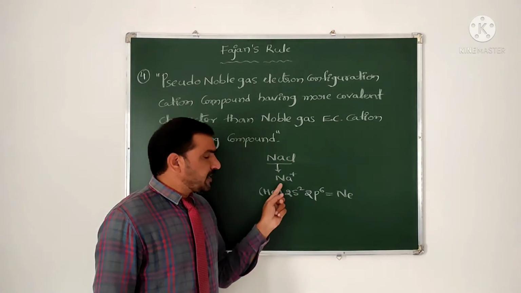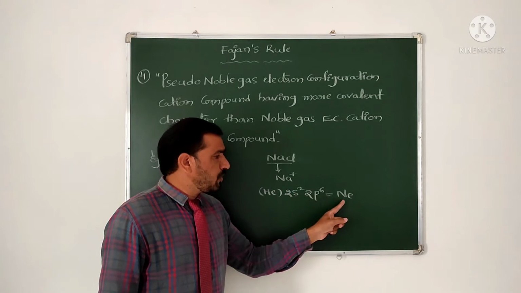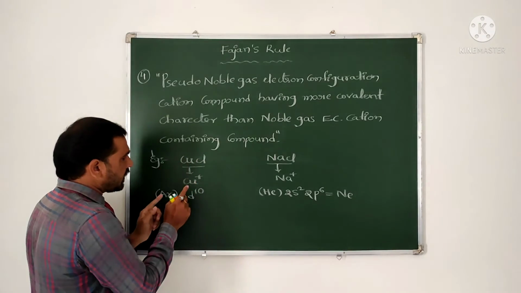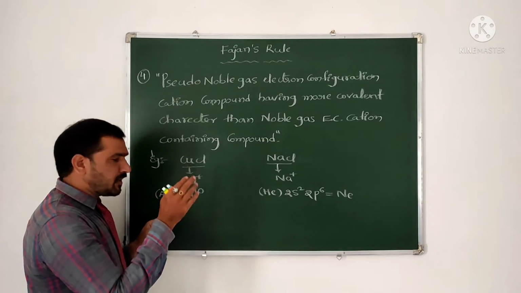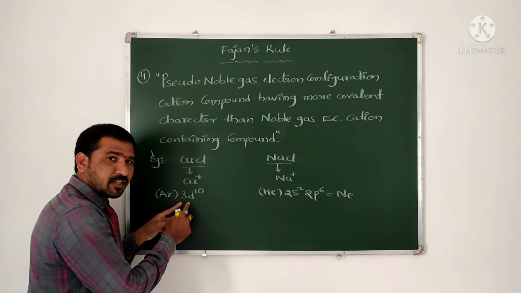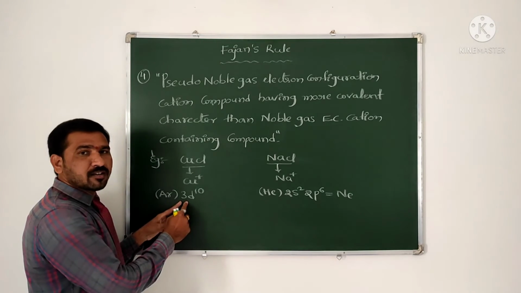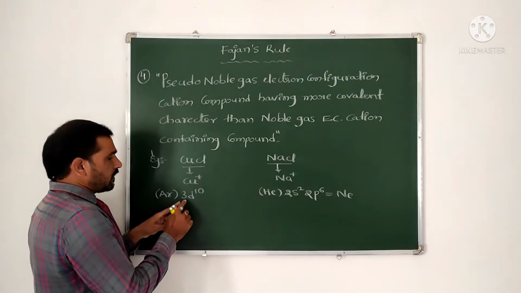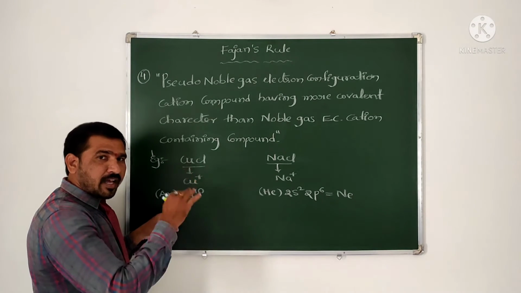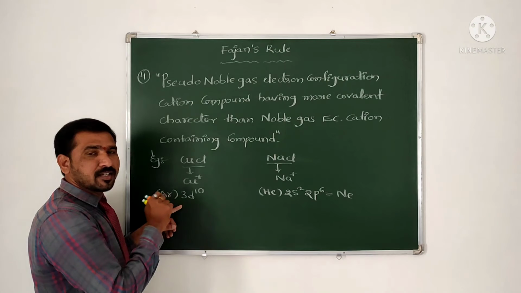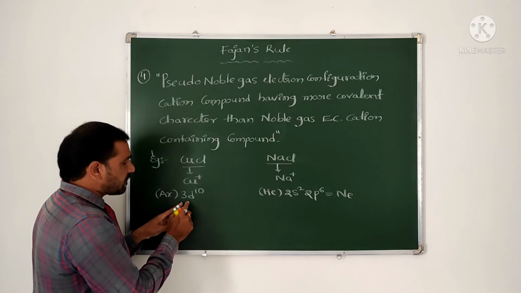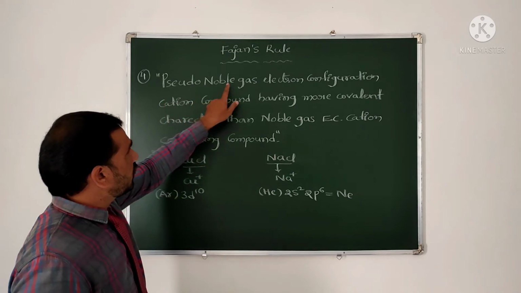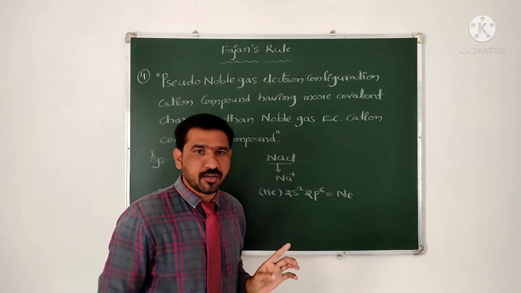In NaCl, cation Na plus has noble gas electronic configuration. In CuCl, cation Cu plus has a stable electronic configuration, because a fulfilled configuration is more stable. Stable like noble gas but not exactly noble gas. That's why this type of stable electronic configuration is called pseudo noble gas electron configuration.